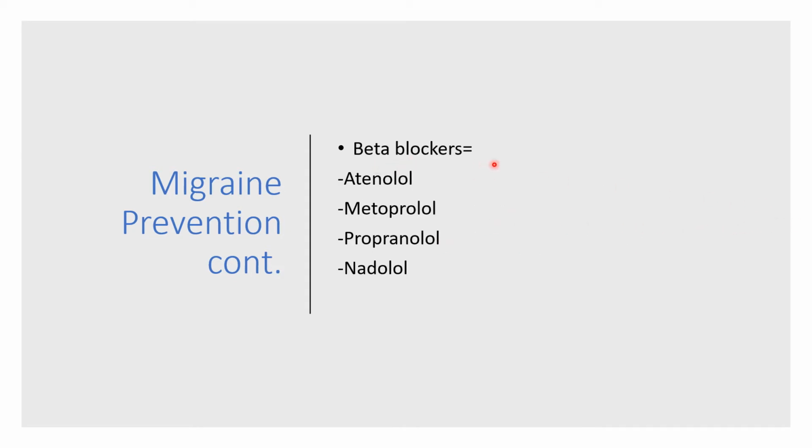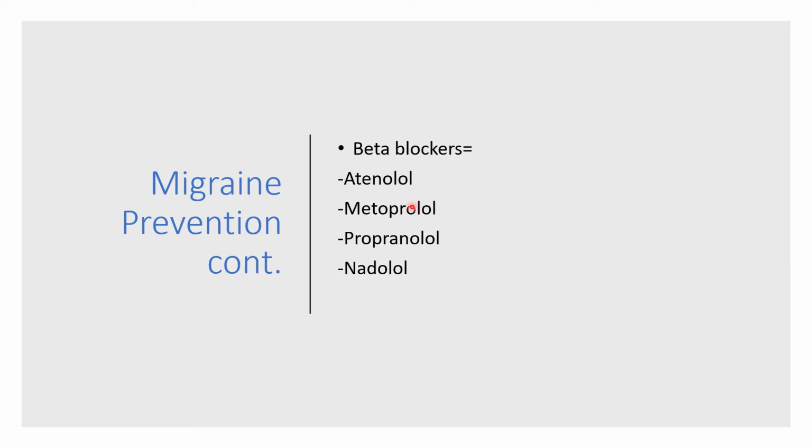We can use beta blockers, but it depends on the type of beta blocker you want to use and who is about to take it. Someone with asthmatic attack should not take non-selective ones, like propranolol.